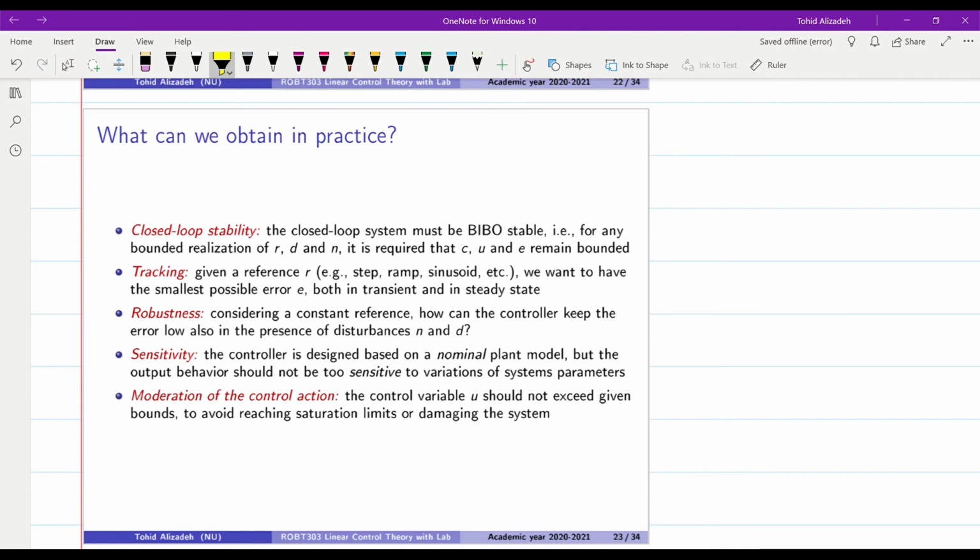On the other hand, in practice, these are what we are going to obtain. The first is closed loop stability. The closed loop system must be BIBO stable, which means that for any bounded realization of R, D, and N input signals, it should give us C, U, and E signals remaining bounded. Keep in mind that C is the main output, U is the control signal, and E is the error signal.